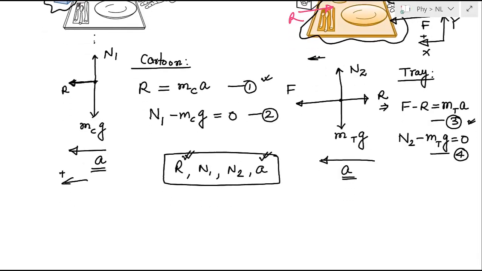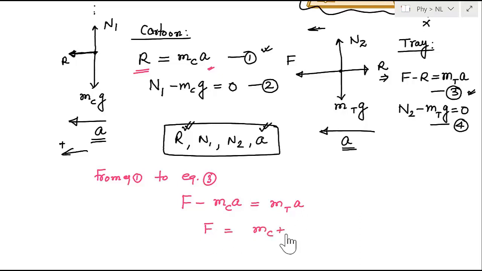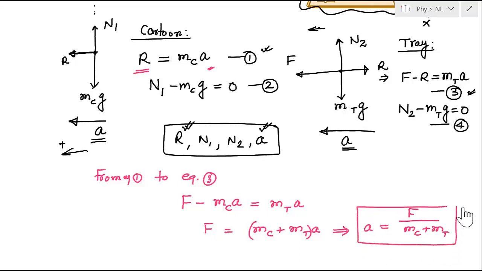So I can write F minus R, where R is nothing but mc times A, coming from equation 1, and this equals mt times A. From here I can write F equals (mc plus mt) times A. So this is the force, and from here I can get the acceleration: A equals F divided by mc plus mt.